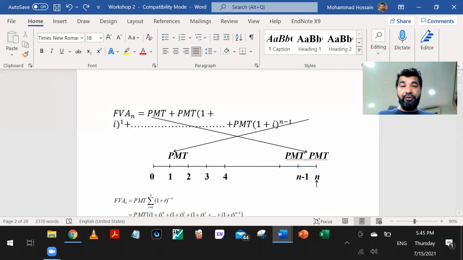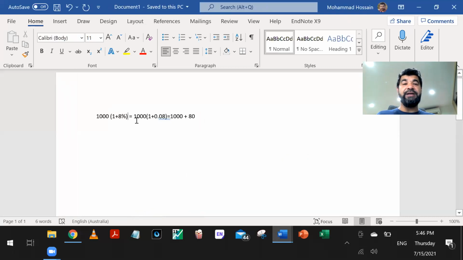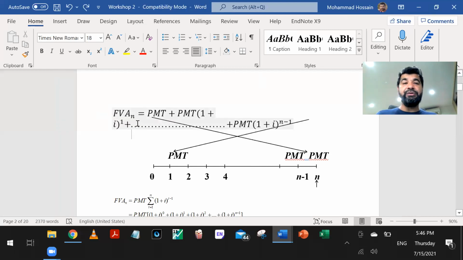That's why we don't show the 1, because it's always there. Since 1 remains the same, we did not show it. But second year to the power 2, third year to the power 3, fourth year to the power 4, and so on, keep on going.